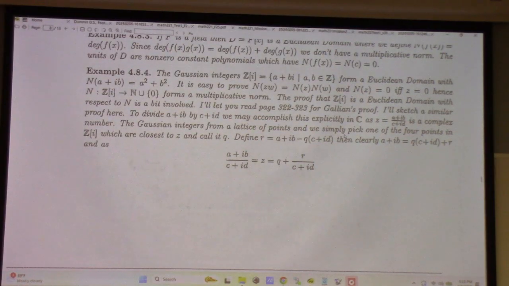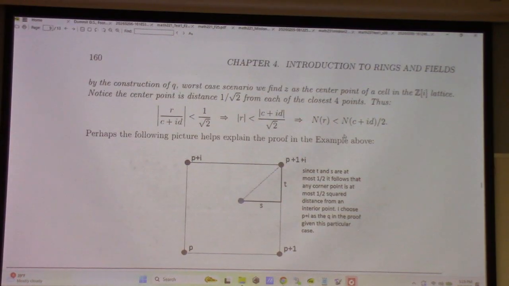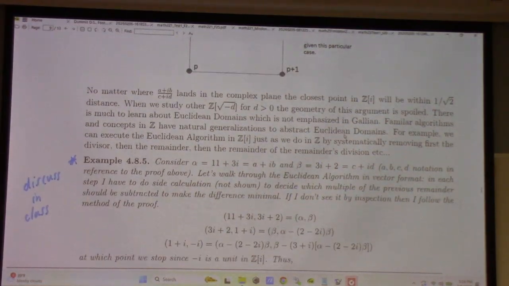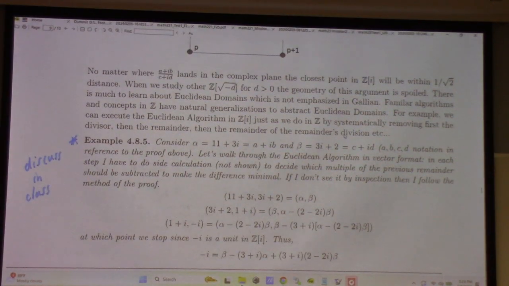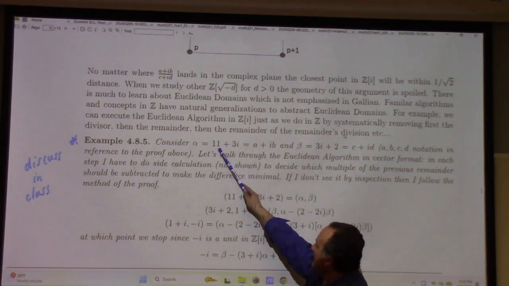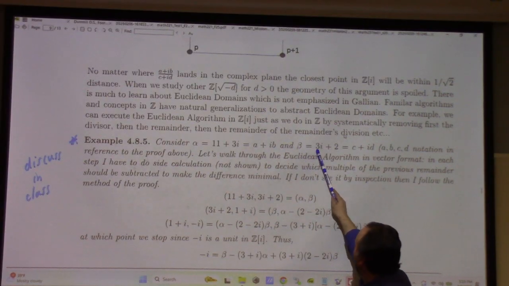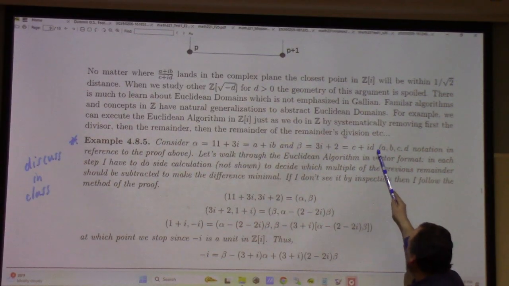Let me actually show you specifically. I think it's maybe better just to look at the example explicitly here. Here we go. So I have alpha is 11 plus 3i, and that's my a plus ib. And I have beta is 3i plus 2, which is my c plus id.